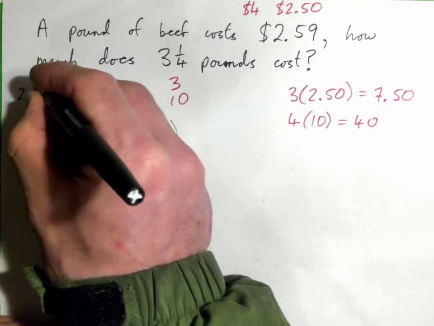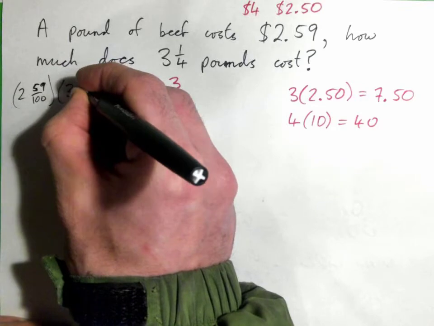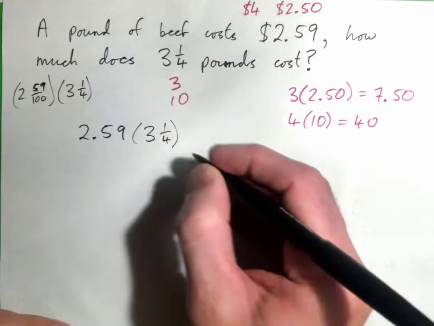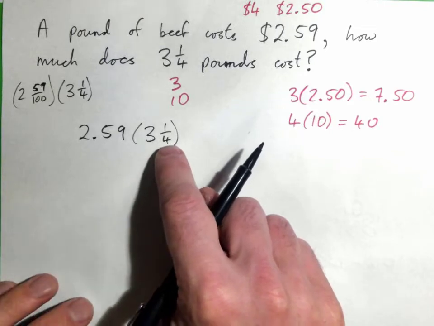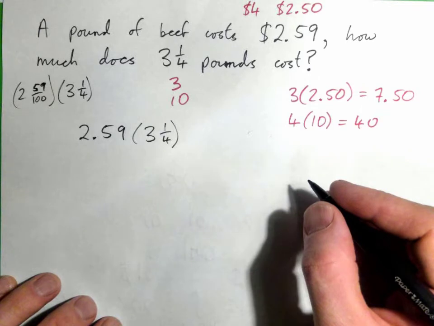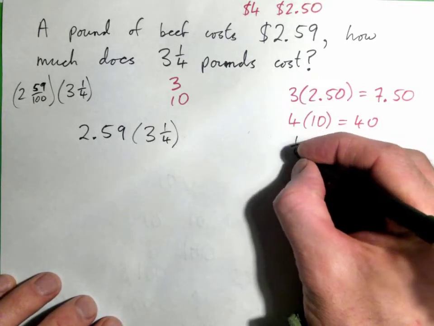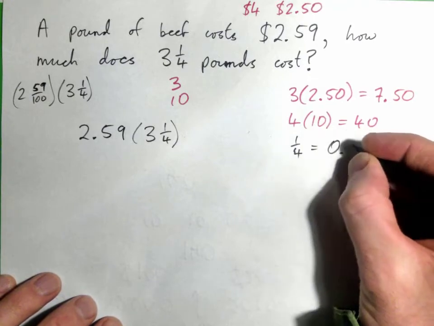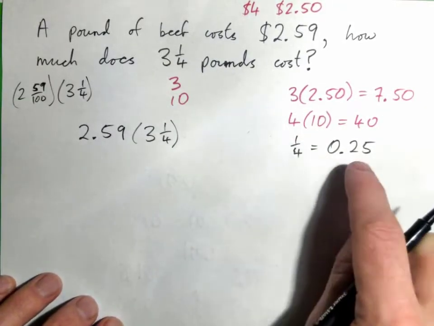But especially since we're dealing with money here, I would really want you to think about decimals. So what's a quarter as a decimal? Right, so the quarter is 25 cents or 0.25. Of course, it's a quarter of a pound, so it's not 25 cents, but it's 0.25.